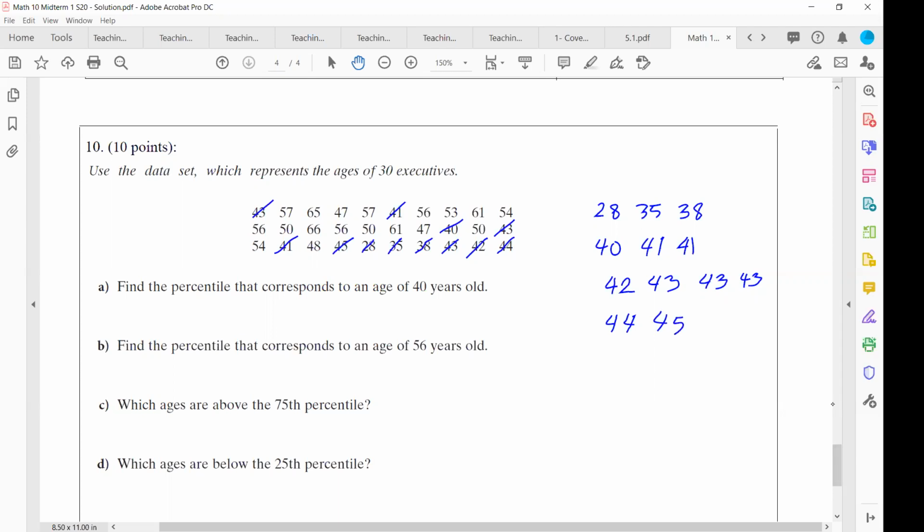Then any 46? Nope. What about 47? Yes, I see 147 here. Do I have any 48? Yes, 148 is hidden here. Then, okay, any 50?